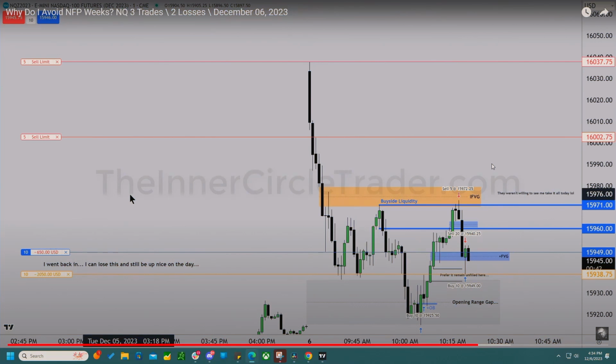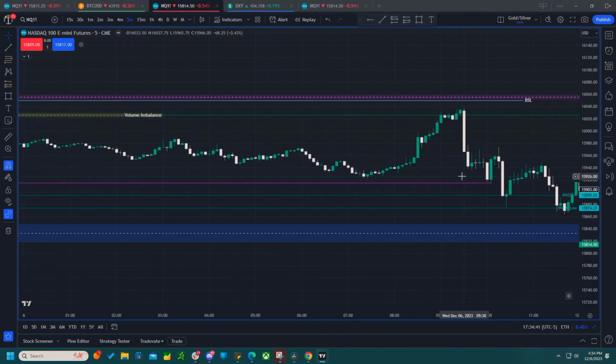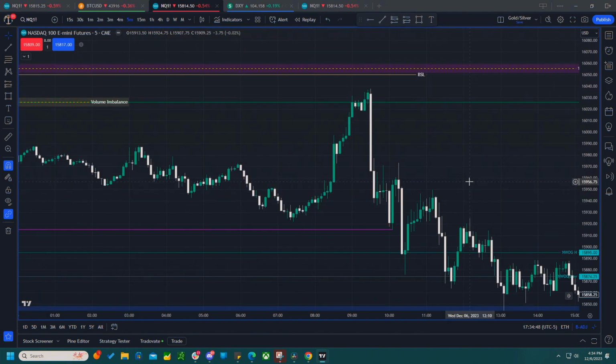Now in post analysis, if we take a look at the charts, if we look at the 5-minute right here, one of the characteristics of a market maker sell or buy model is price is expected to run through specific key levels, and then they come back up to those specific levels.